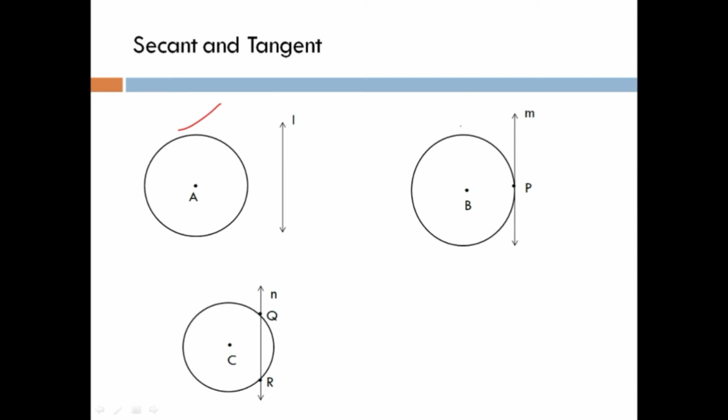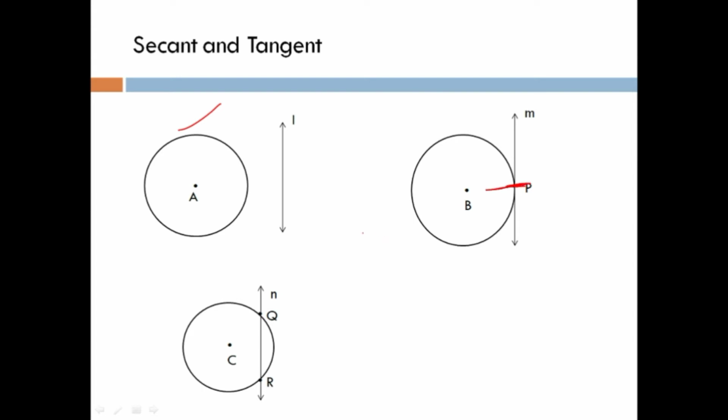Now in the second figure, that is the circle with center B, we have the line touching the circle at one point, that is P. So this is the line which is called the tangent of the circle. So what is the definition which I told you? That the line which meets the circle at one point. So this is the point where it meets, and it is called the tangent of the circle.